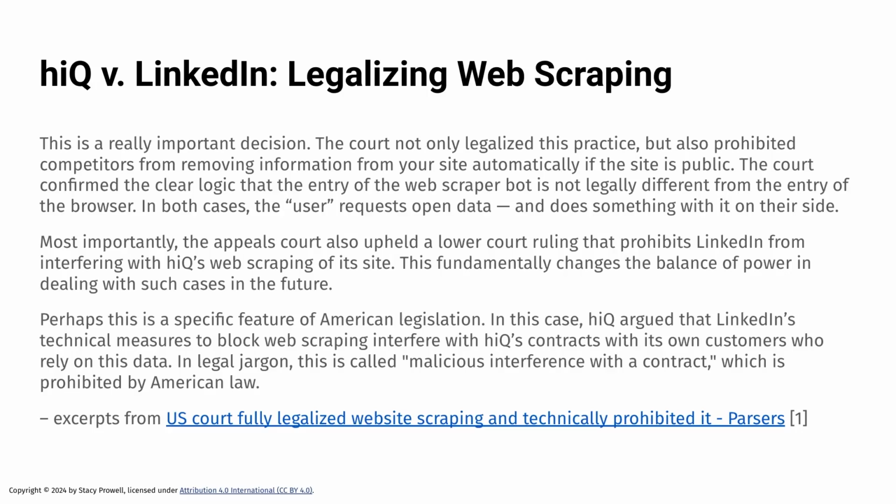They request open data and then do something with it on their side. The appeals court also upheld a ruling that prohibited LinkedIn from taking technological measures to interfere with web scraping on its site. So that, I think, is interesting.